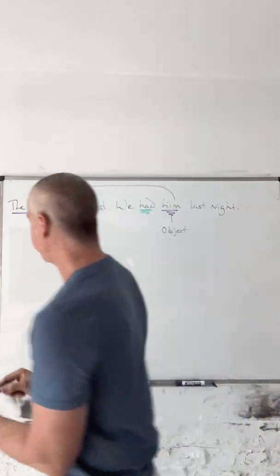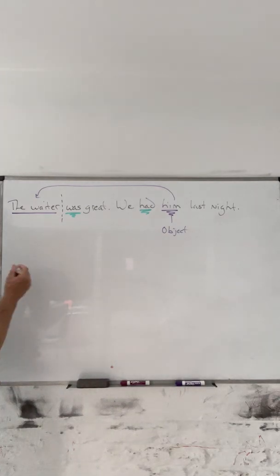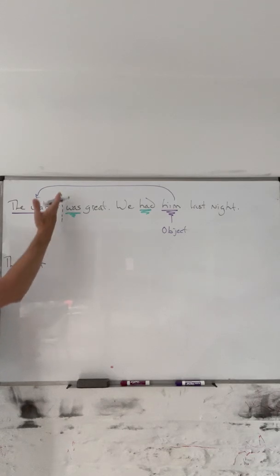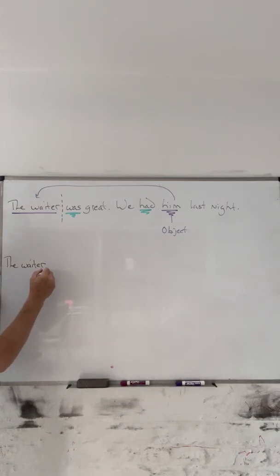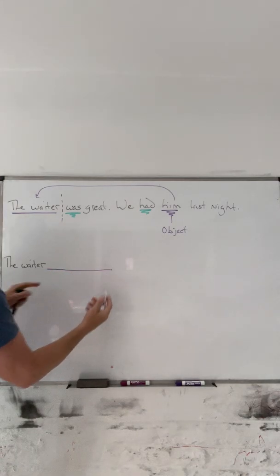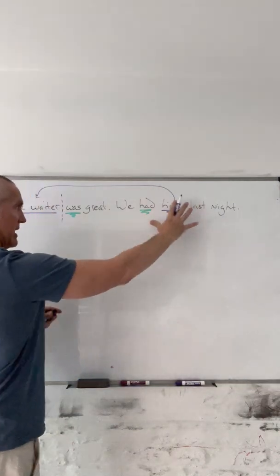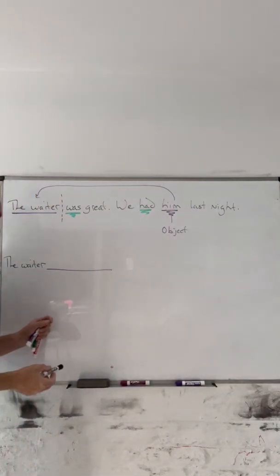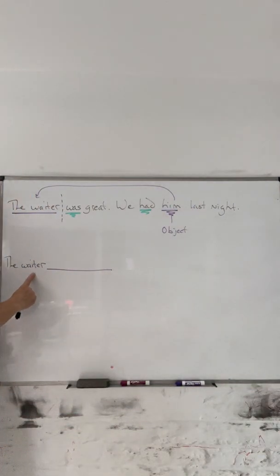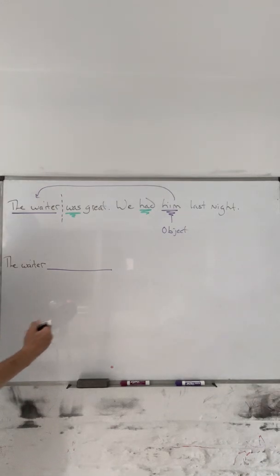So here we go. We start off with the subject right here, right? And that's the waiter. Now we have to split that sentence. So we know right here now is where we're going to have the pronouns that introduce the adjective clause. So, step 1, the waiter. Is that a person or a thing? Yes, it's a person, it's not a thing.